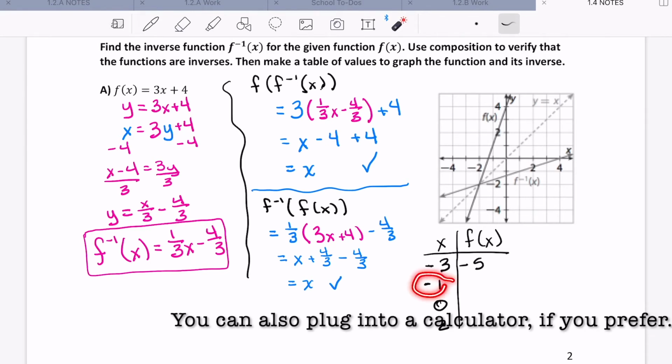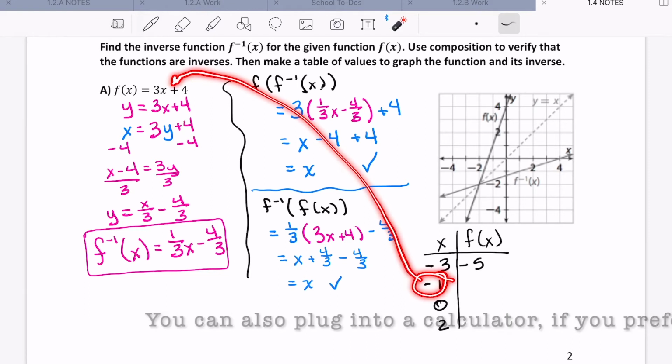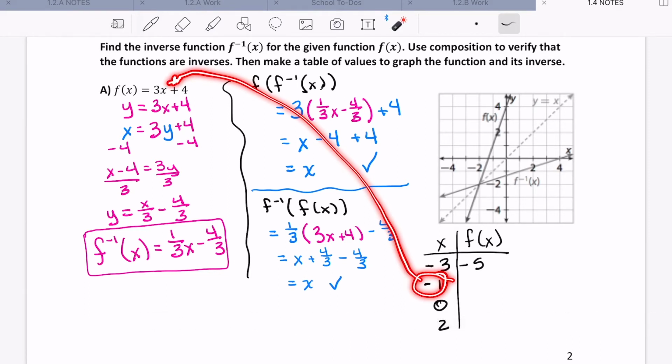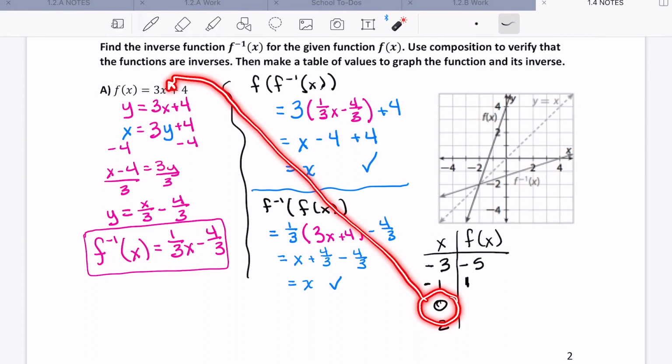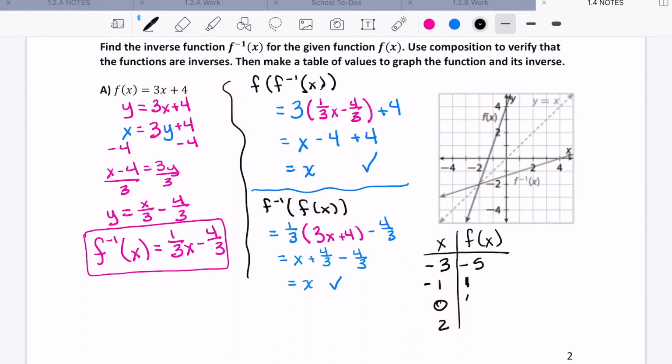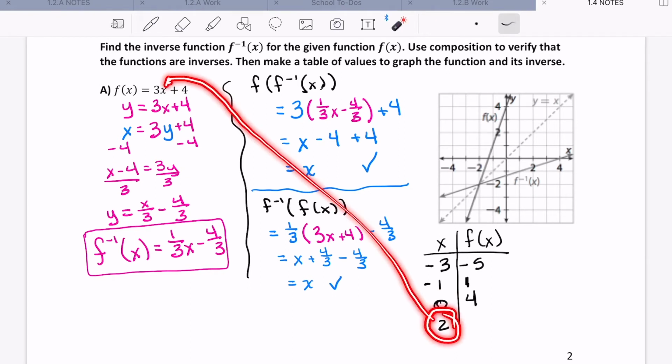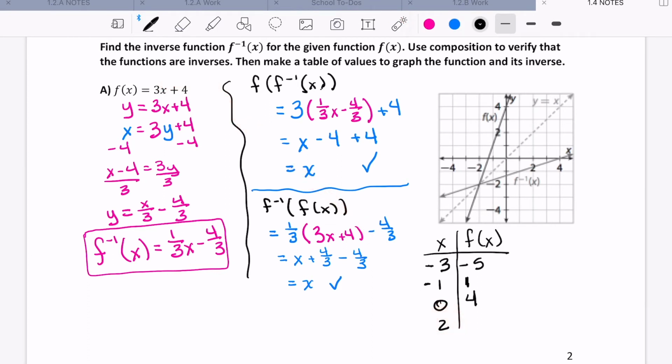Then we repeat, plug in -1. 3 times -1 is -3, plus 4 is +1. 0, 3 times 0 is 0, 0 plus 4 is 4, and 2. 2 times 3 is 6, plus 4 is 10.